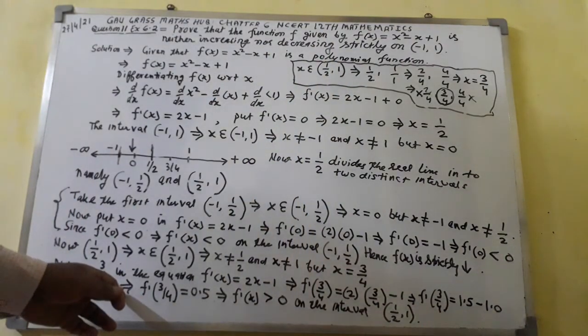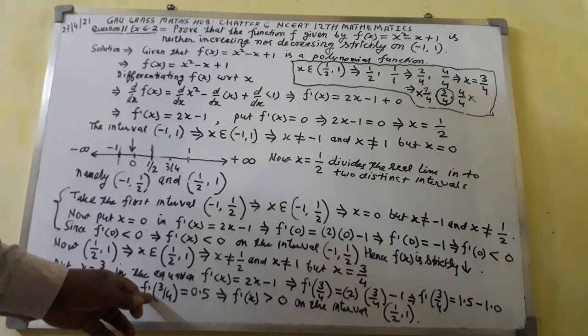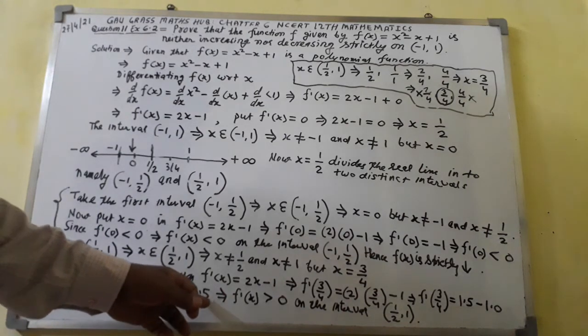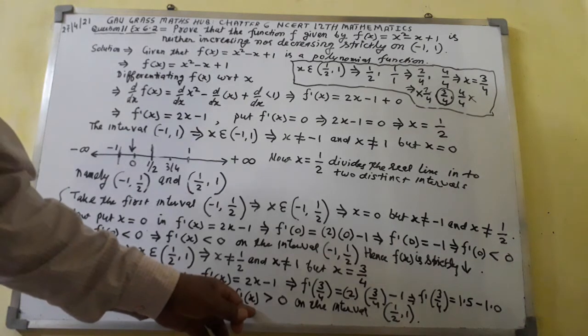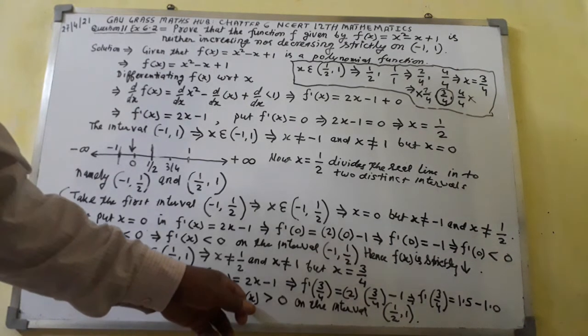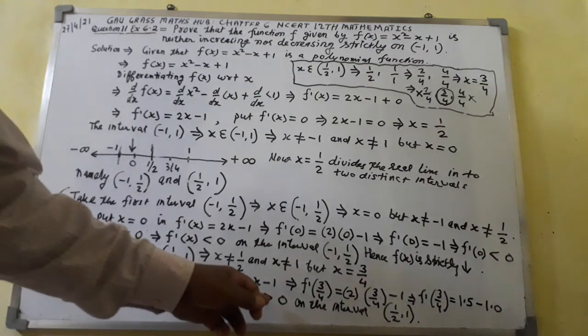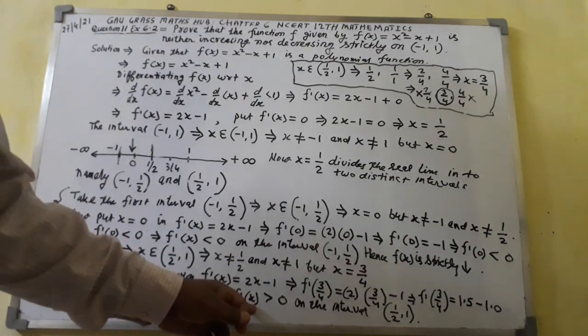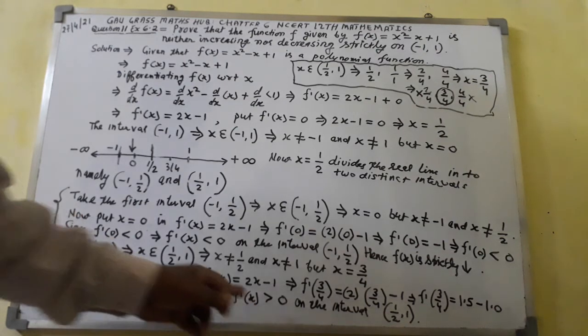So here you can see, implied that f dash of 3 over 4 comes out to be 0.5. The f dash x, where x is equal to 3 over 4, is greater than 0. So I shall take x is equal to 3 over 4.